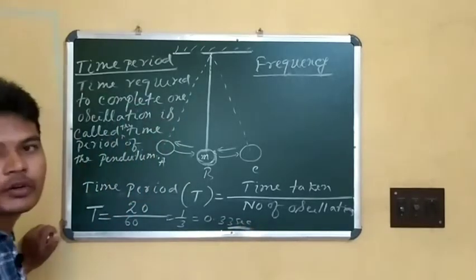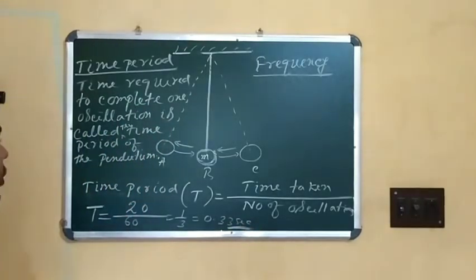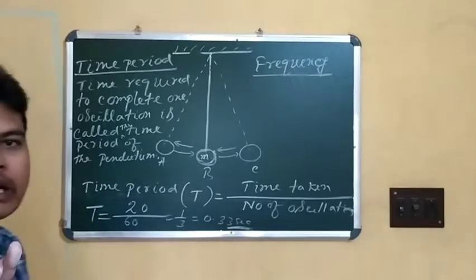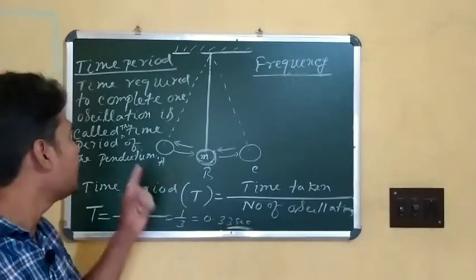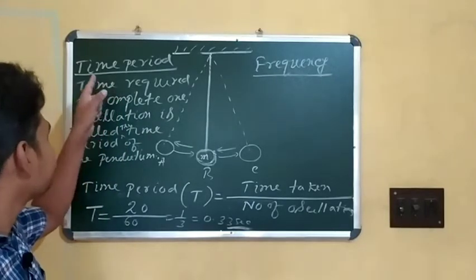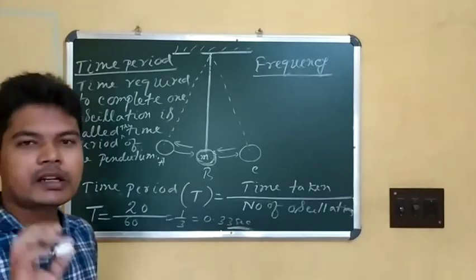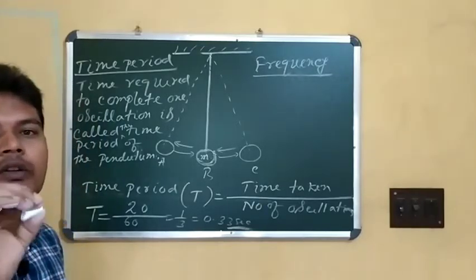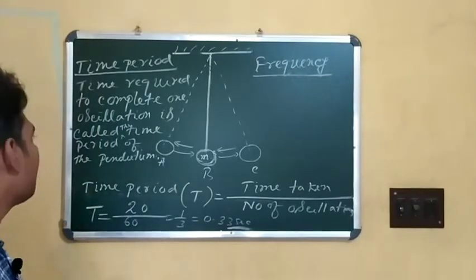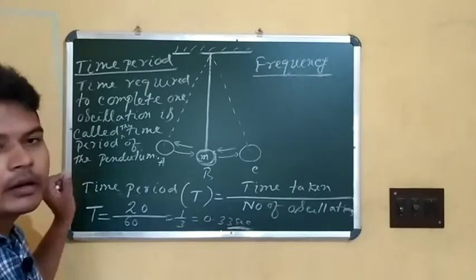That is the time period of this simple pendulum. Okay, I hope all of you understood. At first you have to remember what a complete oscillation is, then it is directly related with the time period. Nothing else is there, only the time required to complete one oscillation is called the time period of the pendulum.